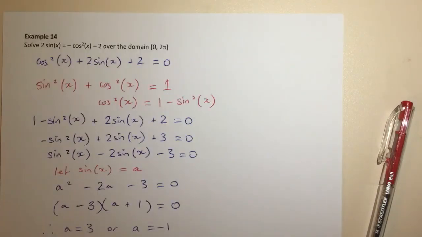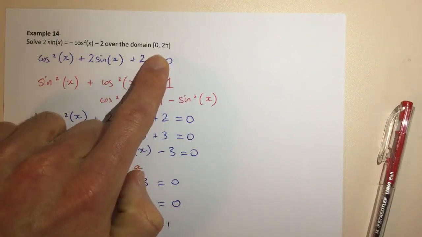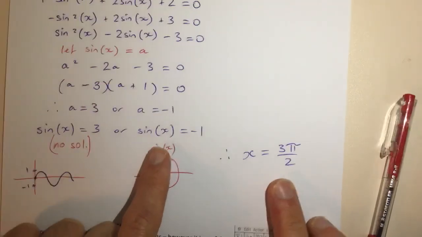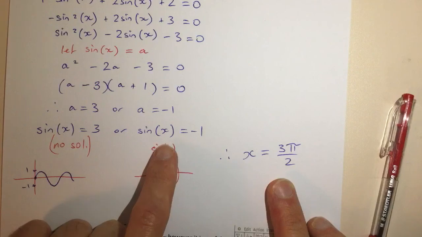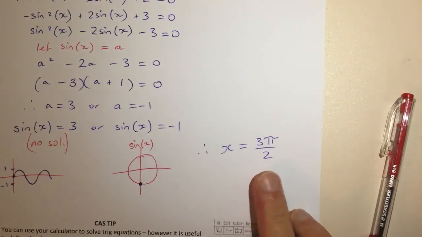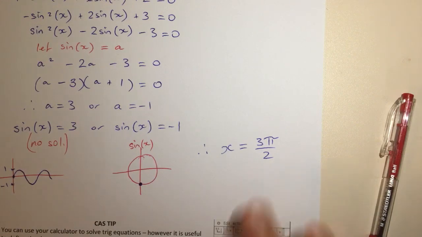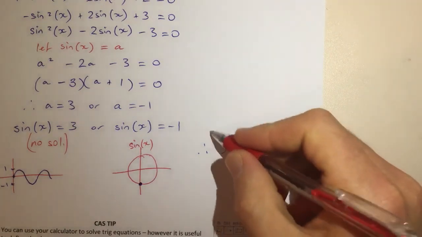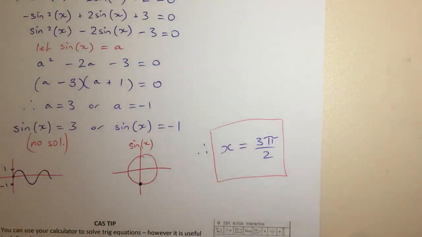It does sit within the domain of 0 to 2 pi. The period of the equation sine of x equals negative 1 is 2 pi over 1, so the period's 2 pi. If we think about adding 2 pi or subtracting 2 pi to this number though, both of those are going to give us a value that's outside the domain. So in this case, we've got just the one solution, which is x equals 3 pi on 2.